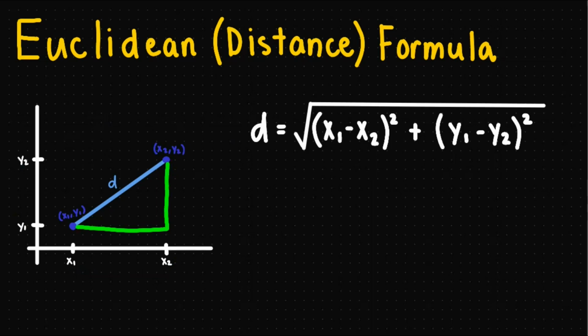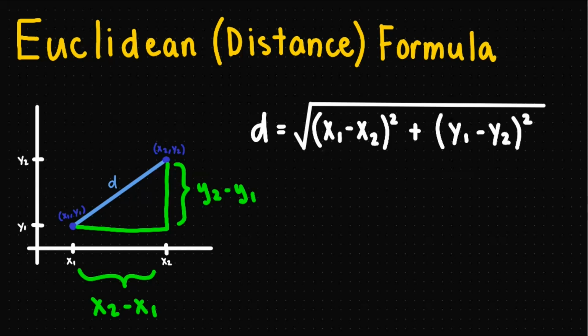Then we know that the distance for this side is given by x sub 2 minus x sub 1, since x sub 2 is this whole part and x sub 1 is this part. So subtracting the x sub 1 part, we obtain this length. Similarly, we know that this side is given by y sub 2 minus y sub 1.